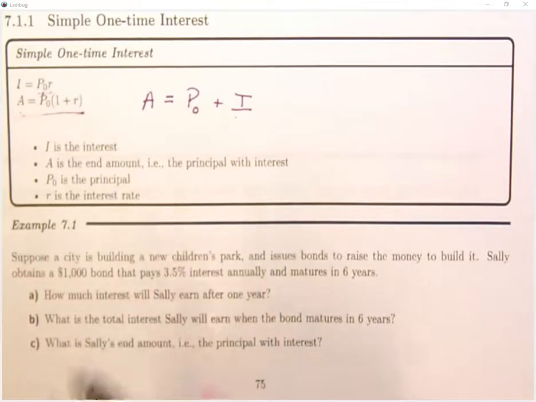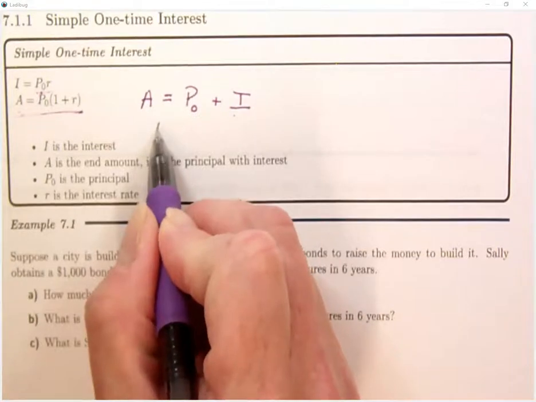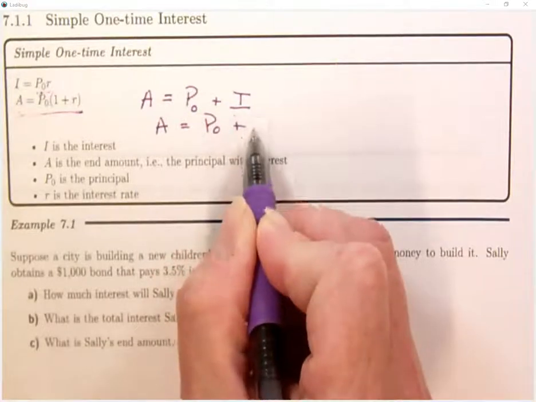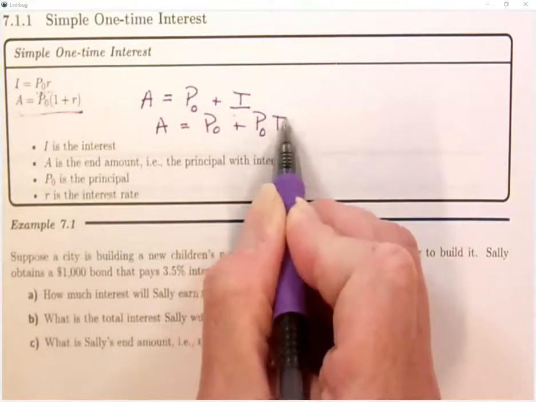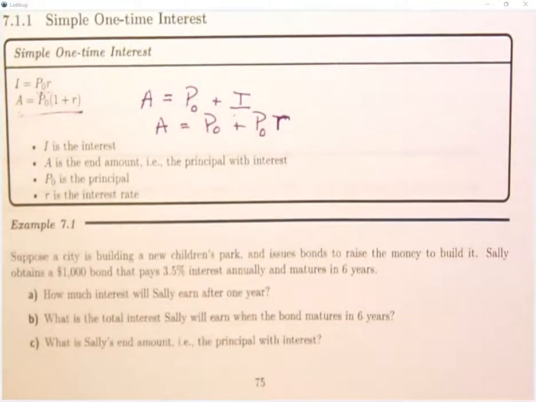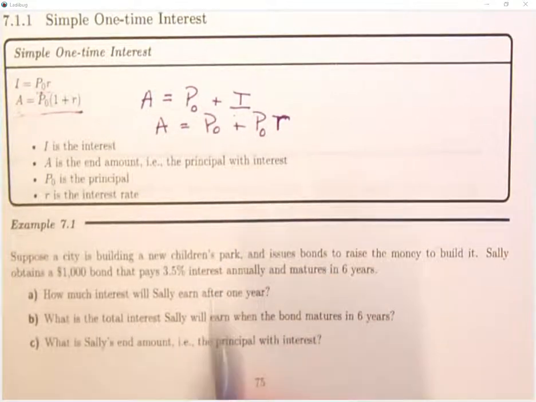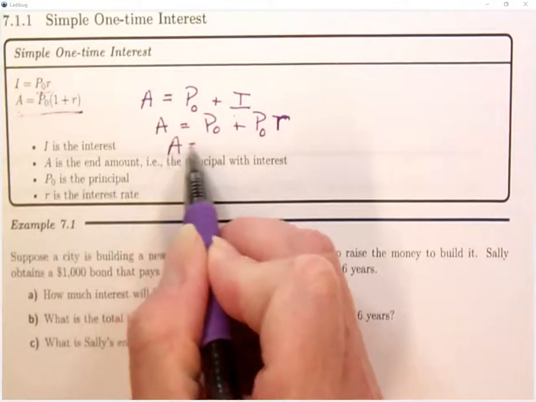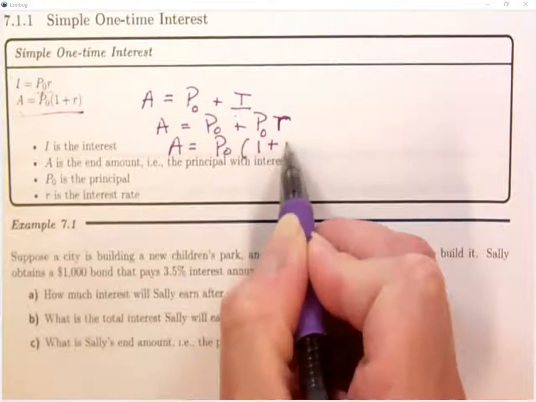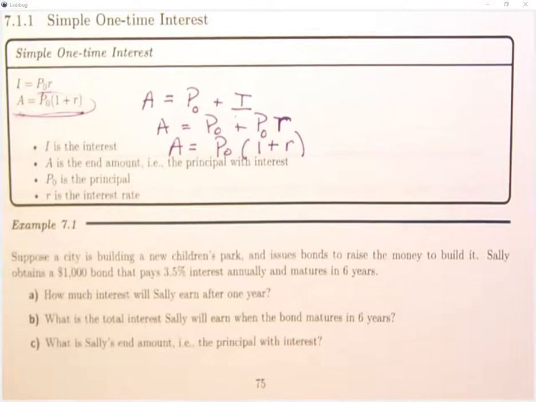P sub 0, or P initial, or sometimes we say P naught, times R. So we could actually replace interest with P sub 0 times R, or I might just call it principal. And then I just factor out the principal. And that's where this formula came from, in case you were wondering that.